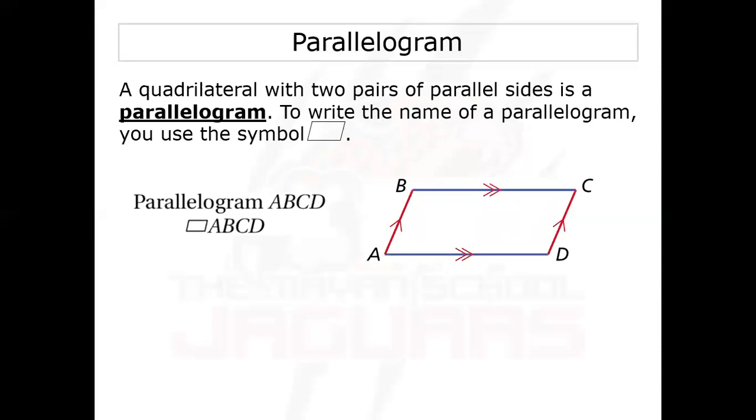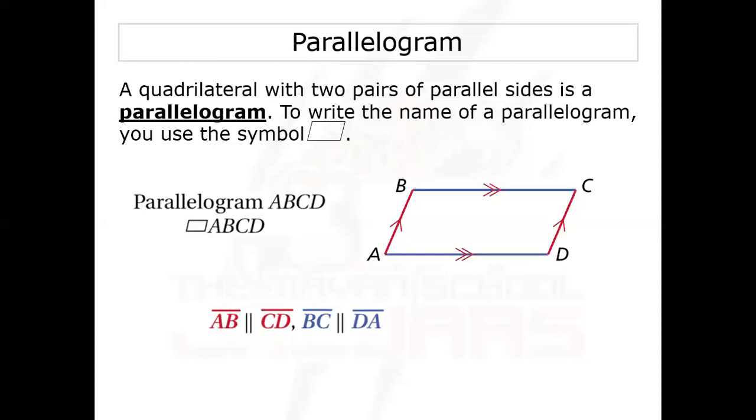As you can see here, from the figure, I can clearly understand that this is a parallelogram because I'm using a single arrowhead between the letters A and B and between C and D. That means that segment AB and segment CD are parallel, and the same happens with segments BC and AD.